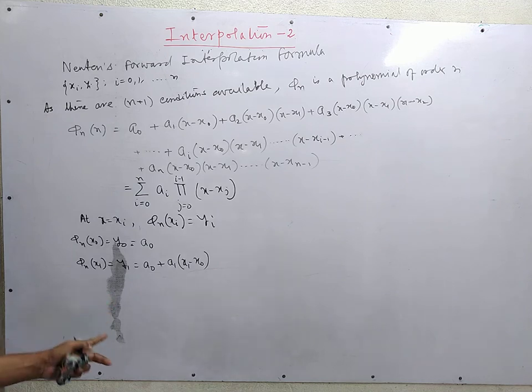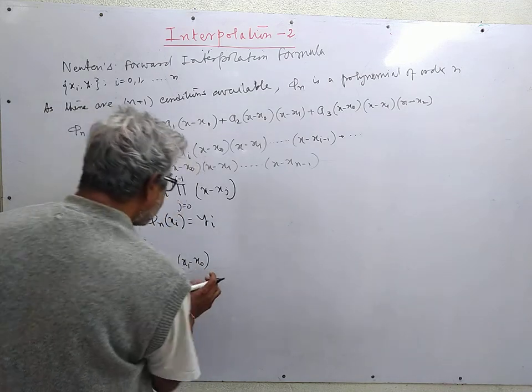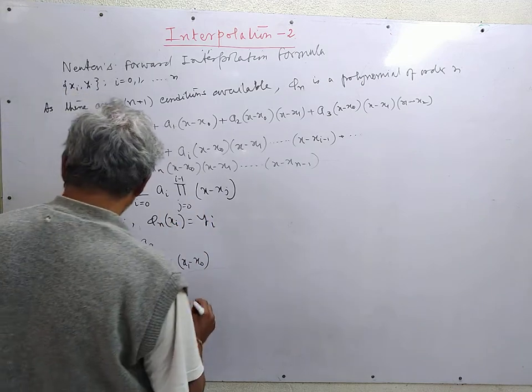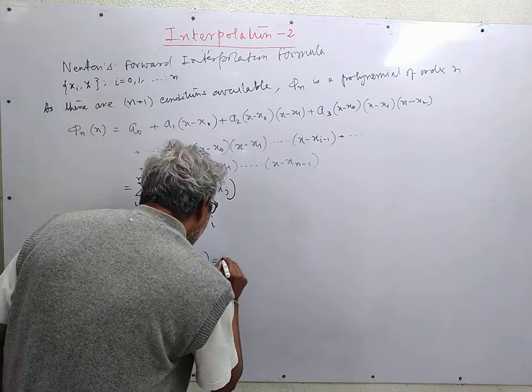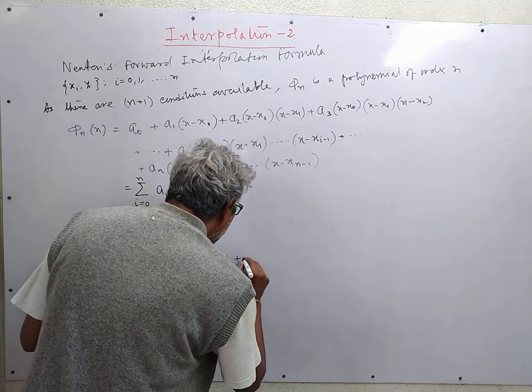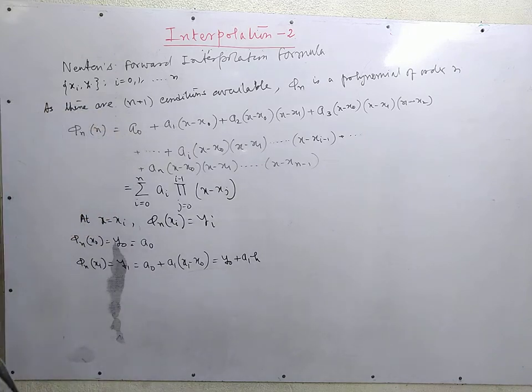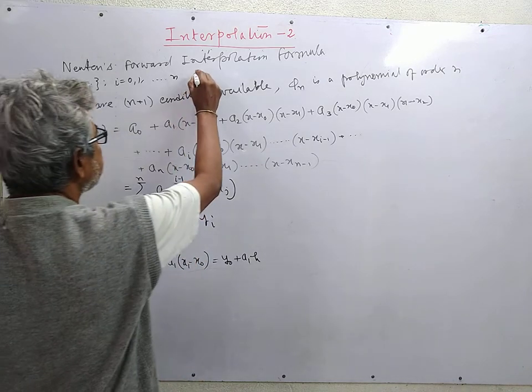So this is h, x1 minus x0. As the arguments are equispaced, for a0 we write y0, and this is a1 into h.